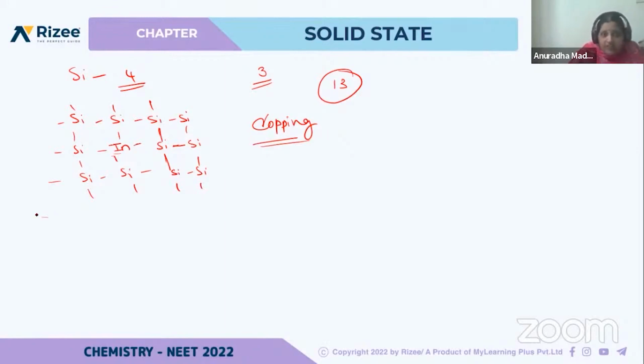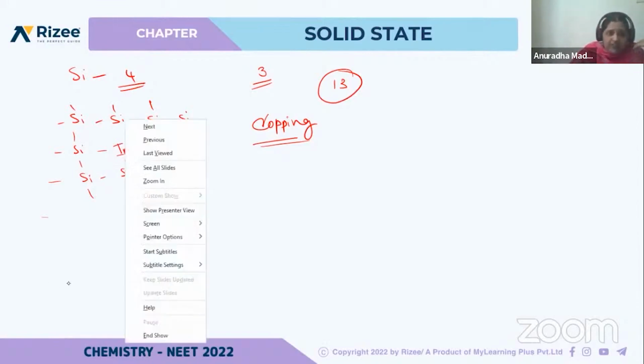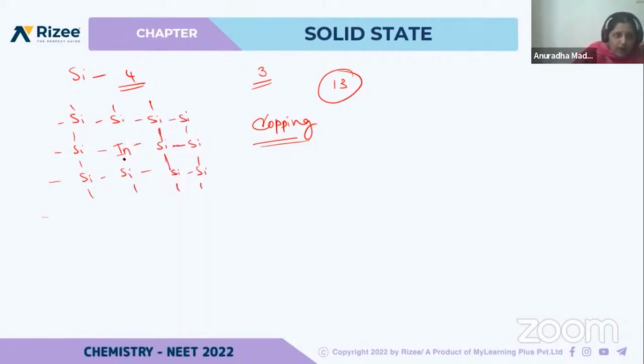But then what about the structure? This will not be the same, because as this is a group 13 element, it shows only valency 3. So this forms a bond with only 3 elements.